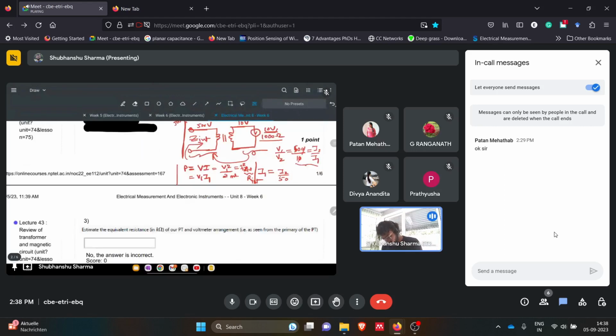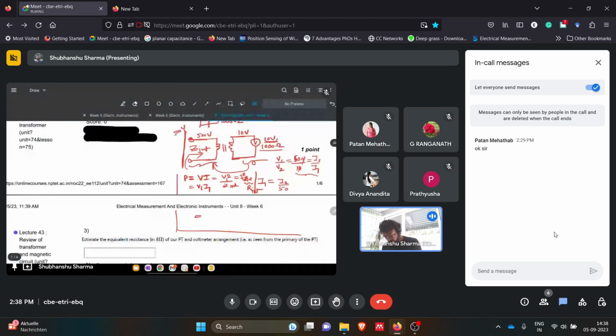So the power will be V1 I1. We know V1 is 500. We don't have to measure Z internal basically, but I will also let you know its value. So this is 500, then we have I1, which is I2 by 50.